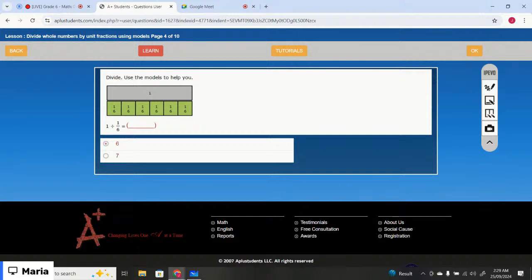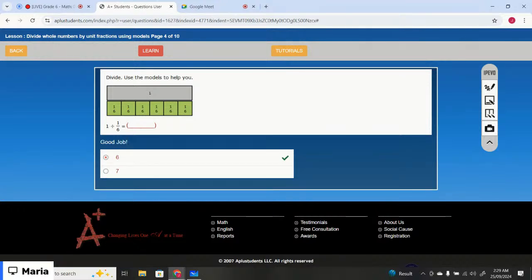Yes, the correct option is 6. 1 divided by 1 by 6 is 6.